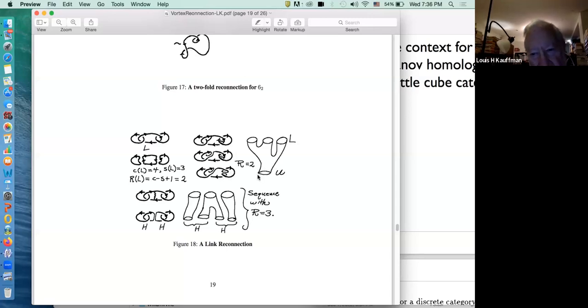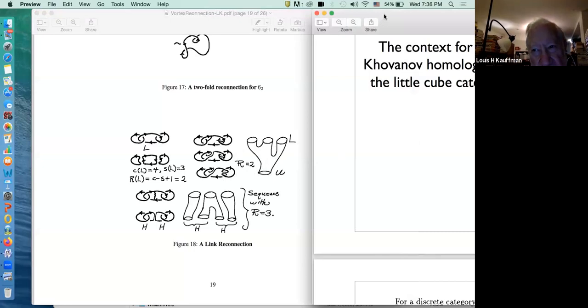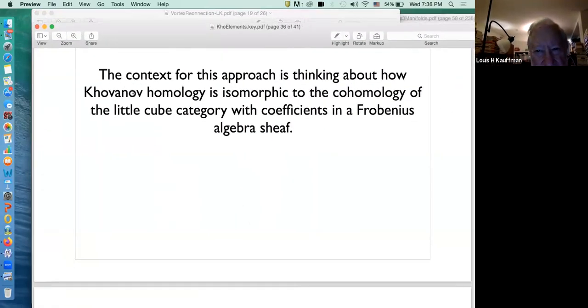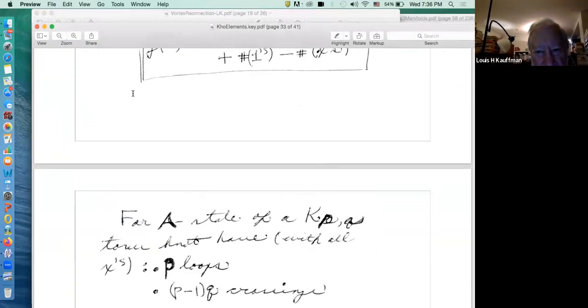And I could let that bound off as well into 4 space. And then I obtain a surface whose boundary is the link. So you see that doing reconnections on the link corresponds to producing a surface whose boundary is the link if you unknotted it completely.